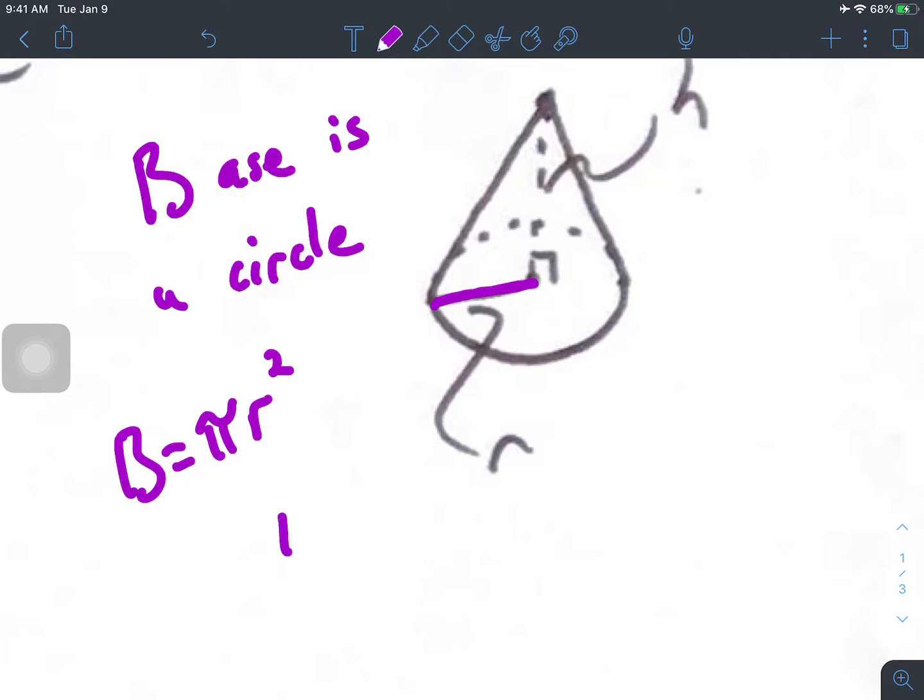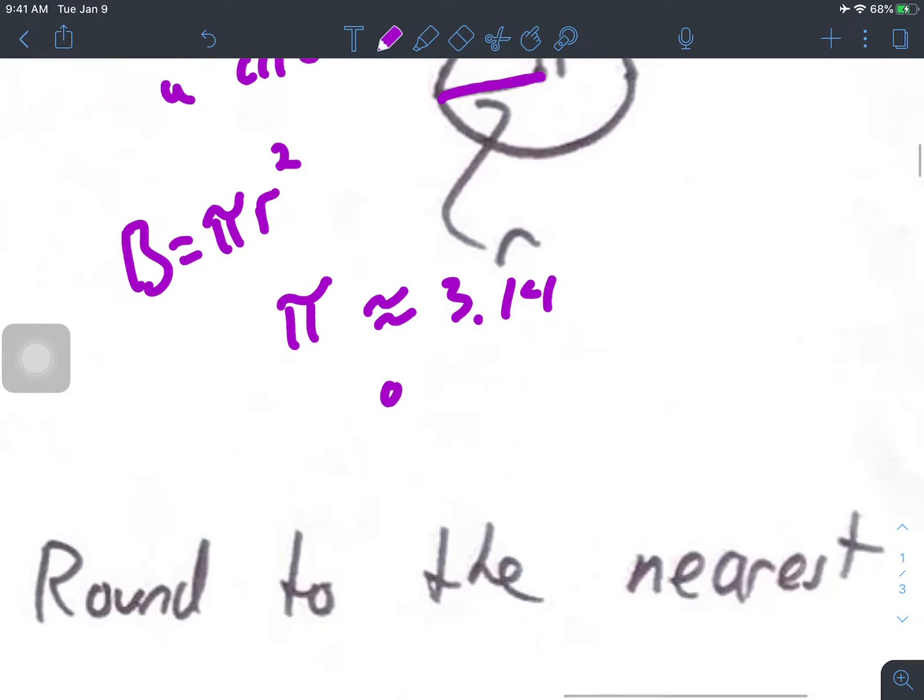And pi, last year, if you recall, we used two different numbers. We used 3.14, or we used pi as about 22/7. Both of those are perfectly great to use. You can always just use the pi button on your calculator as well, that I will show you in a moment.